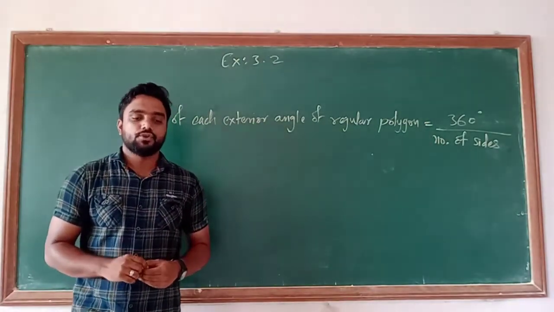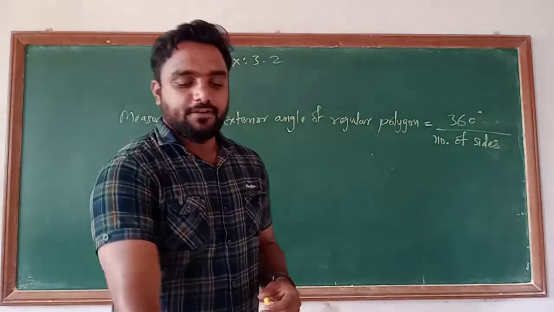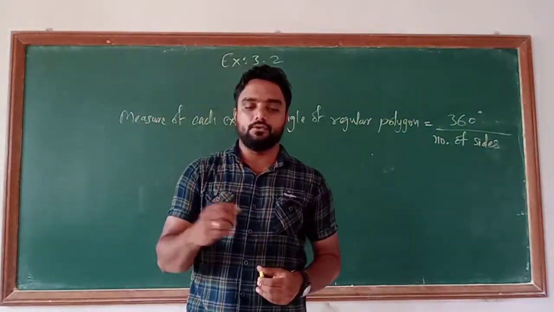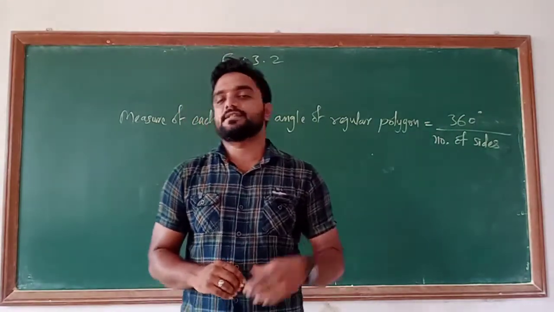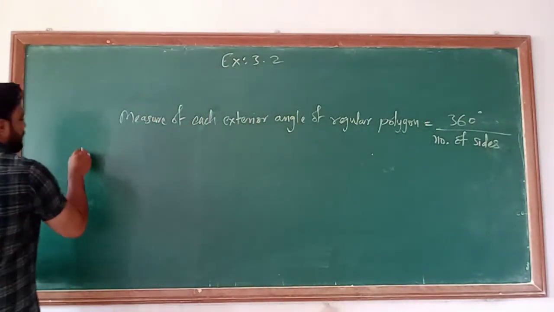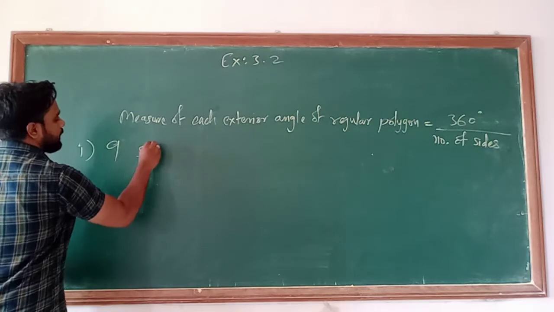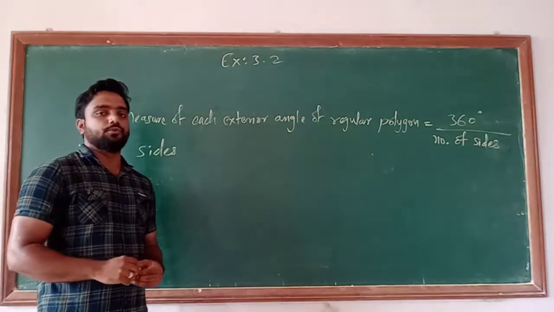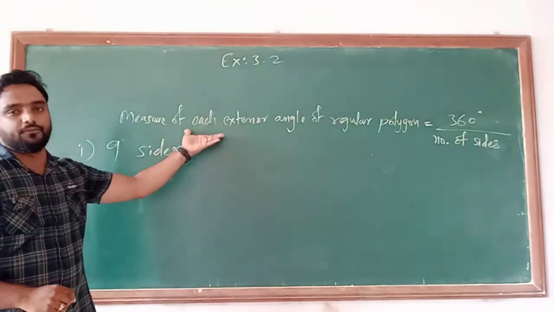Understand or not? So in the second question, the first part says find the measure of each exterior angle of a regular polygon, and the number of sides given to you is 9 sides. So you have to use the same formula.